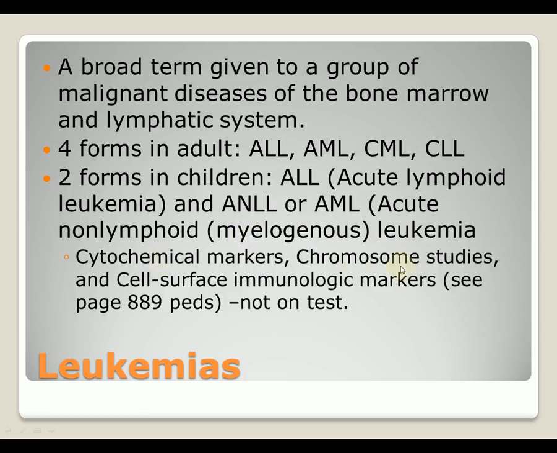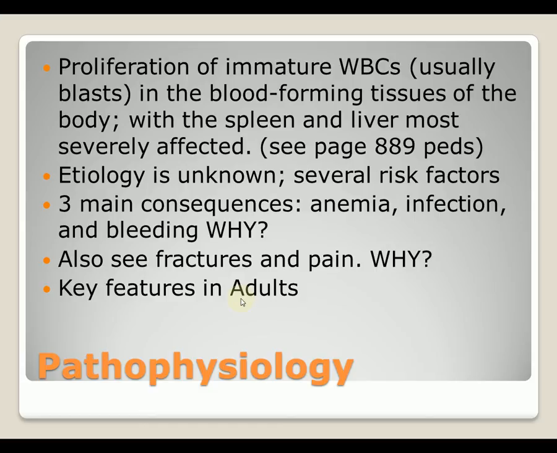Cytochemical markers, chromosome studies, and cell surface immunologic markers are all listed in your pediatric book. If you would please look those over. Proliferation, rapid or repeated production of the cells.